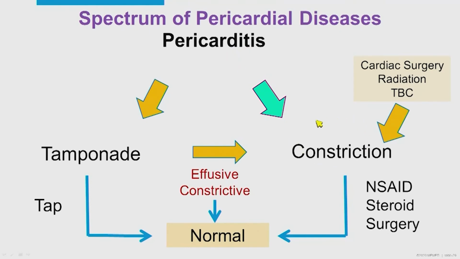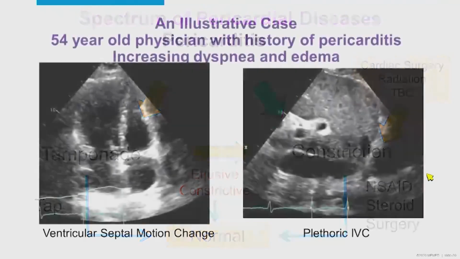They present with constriction 10, 20, 30 years later. Someone with pericardial effusion or tamponade can present as an effusive constriction, which can resolve spontaneously in some patients, but they may go to constriction, may require a non-steroidal or steroidal medication, or sometimes even cardiac surgery.